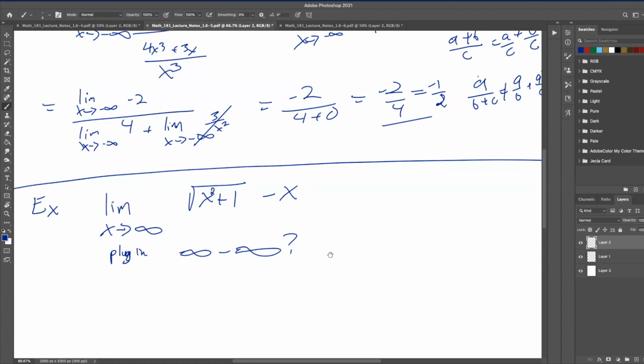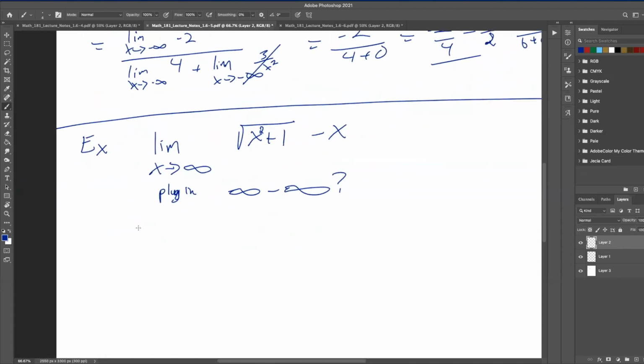So we're going to have to do some algebra. Usually if you see square roots, the way to do this is to try to get rid of the square root, and to do that, you multiply by its conjugate. So I'm going to multiply by the square root of x squared plus 1 plus x divided by the square root of x squared plus 1 plus x.